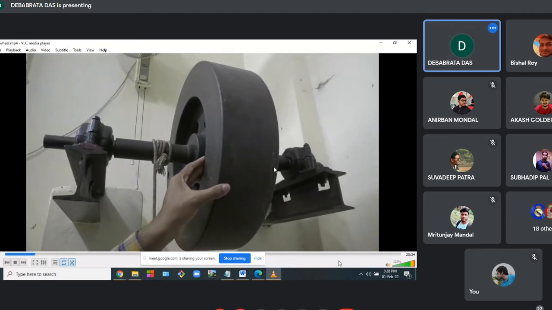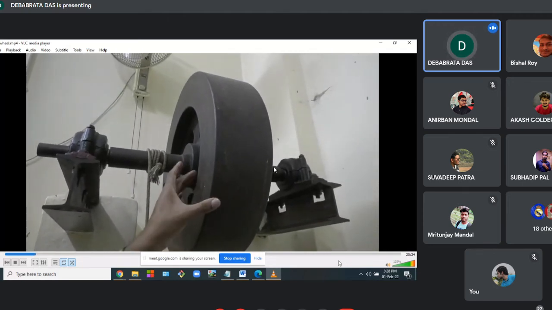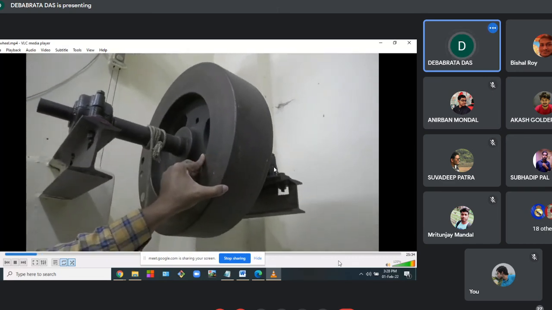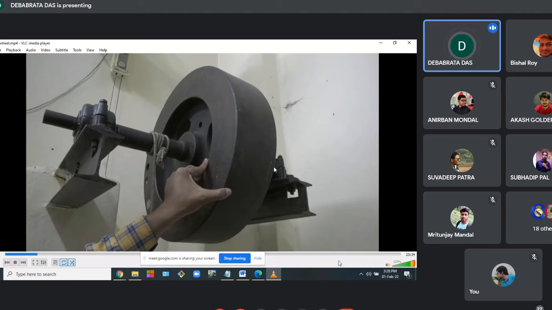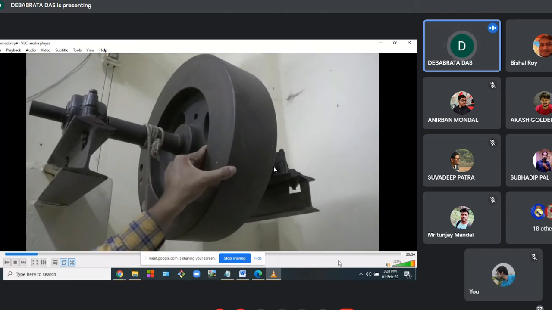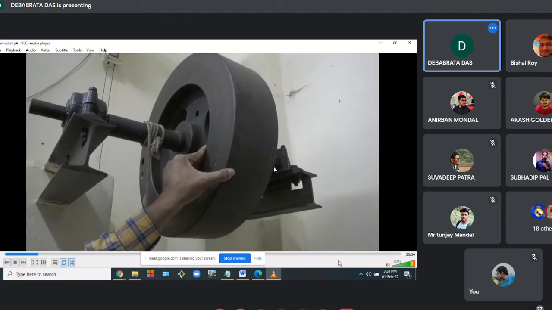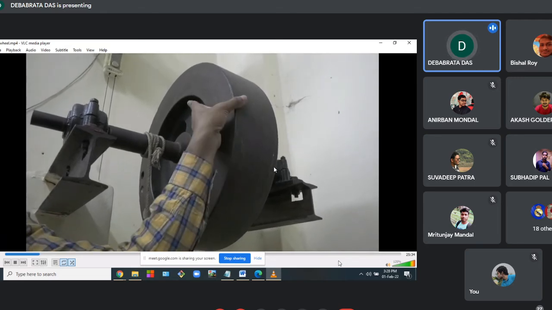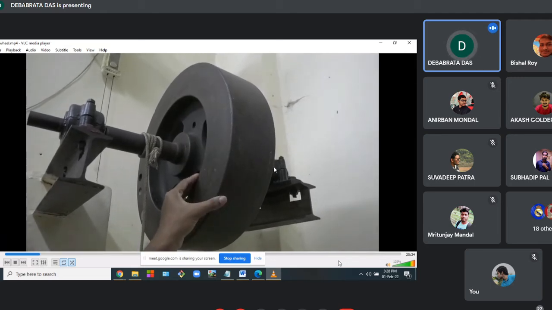Why is the rim important? It should have a heavy mass, because the more the mass is distributed away from the axis of rotation, the more the mass moment of inertia, because the expression is the integral of r squared dm. That is why the rim is heavy, in order to have a high mass moment of inertia.